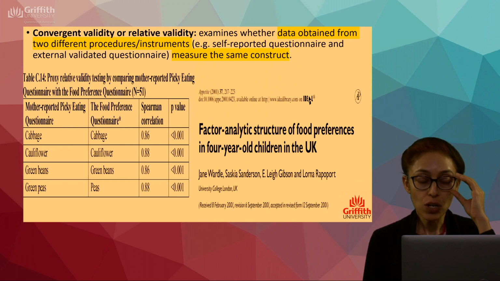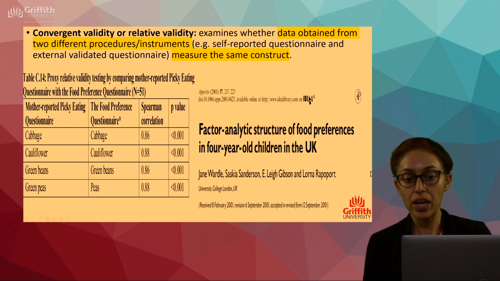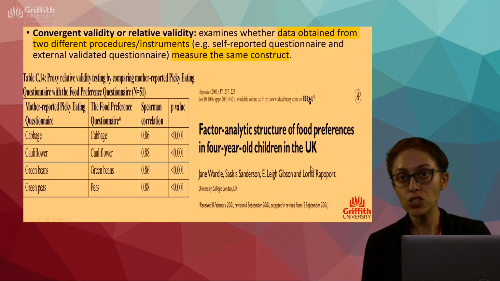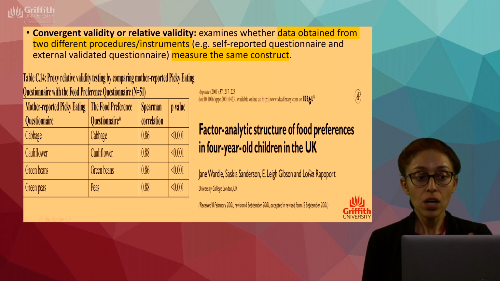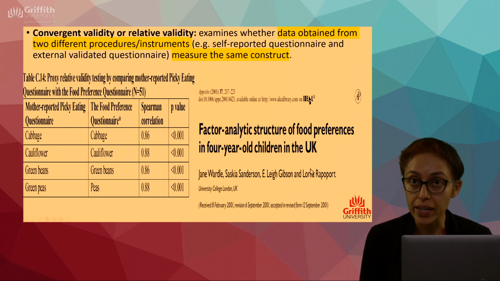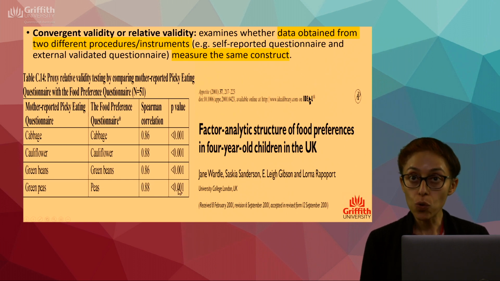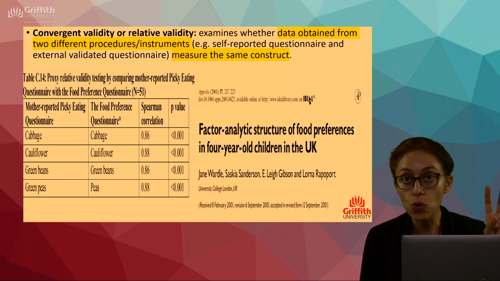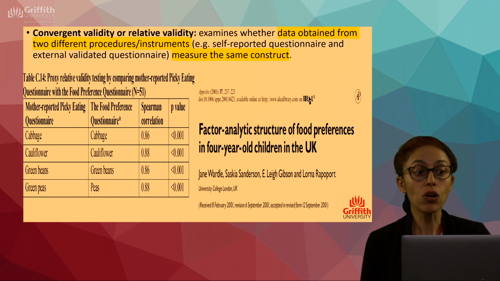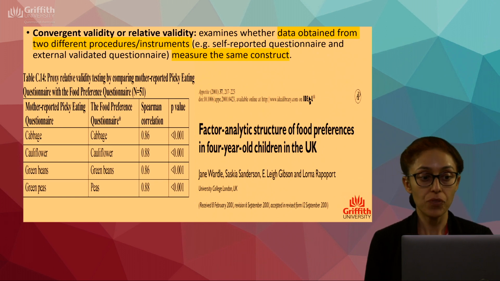So I cannot just simply use some questionnaire out there like the food preference questionnaire in my population, because my population is very different compared to the population in which the food preference questionnaire was validated. But I can use the food preference questionnaire as a benchmark, as an example tool for relative validity, also called convergent validity.